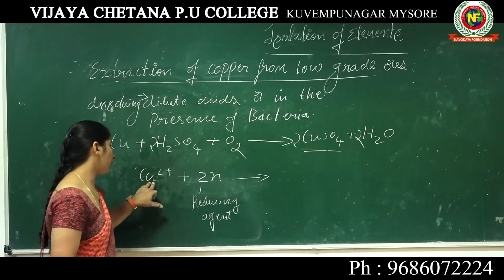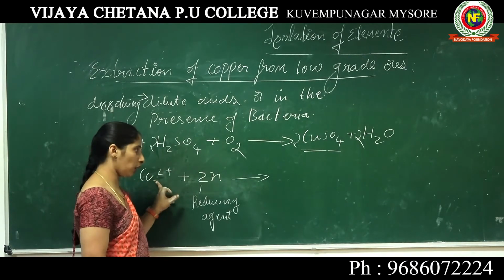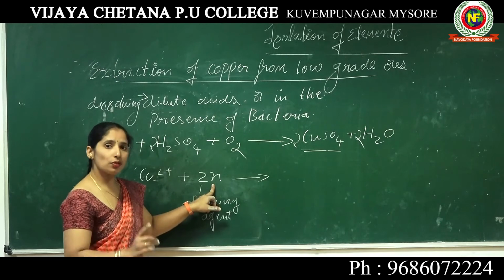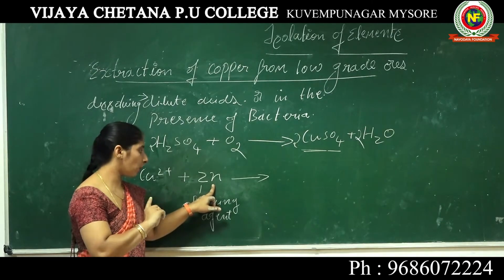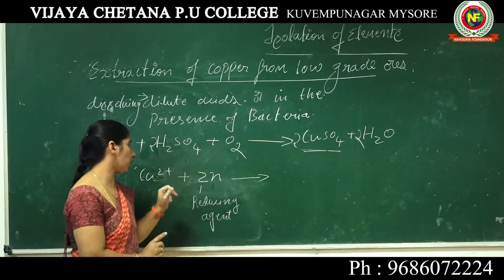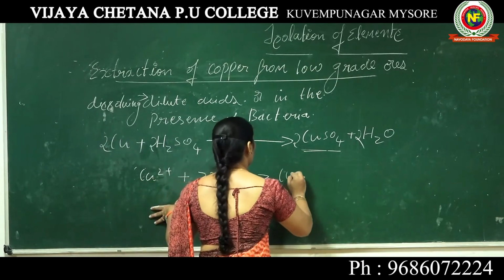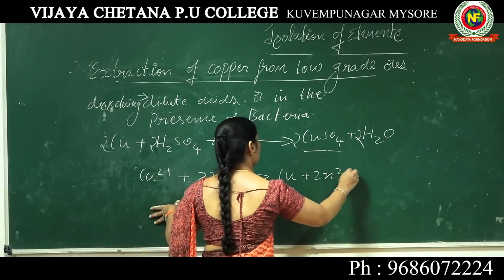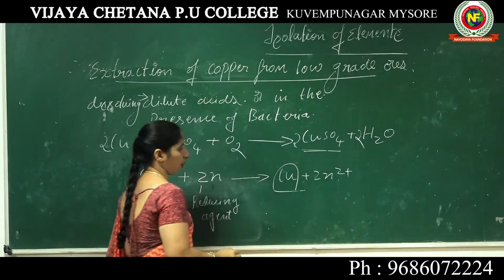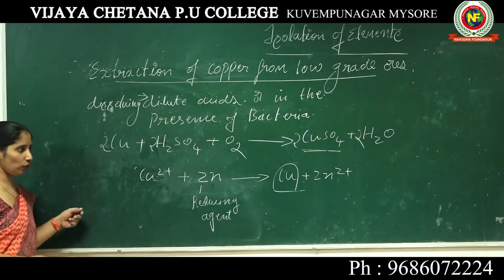So this cupric ion is reduced with the reducing agent zinc, forming Cu plus Zn2+. The formation of what? Copper.